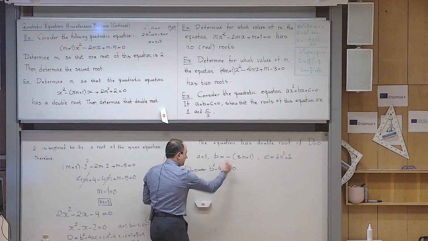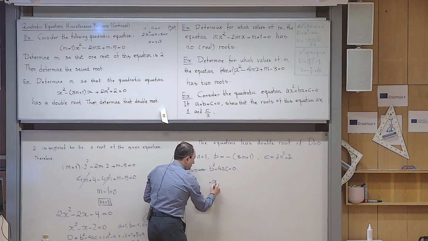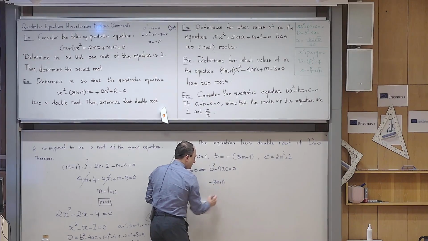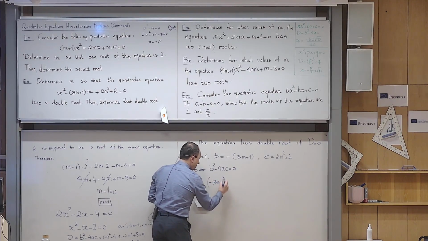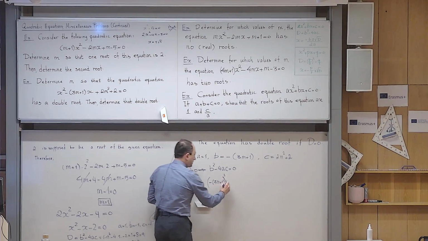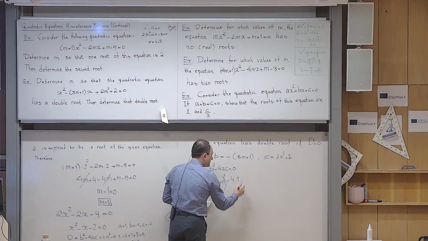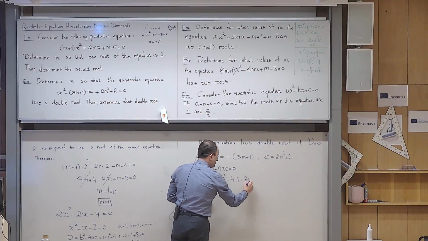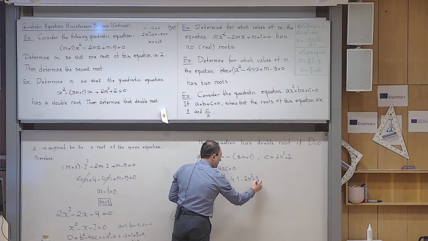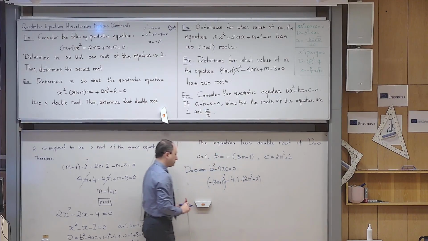So let me write it here. B is minus 3m plus 1. This is my B. I want to square it, minus 4 times A times C. But you have to write it in a pair of brackets.